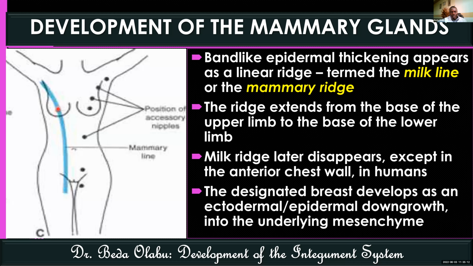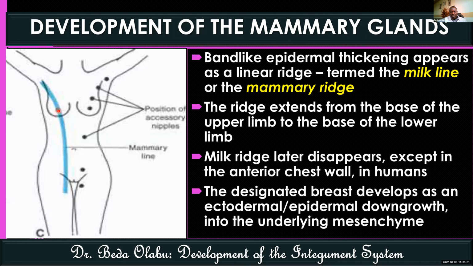We only need the breast to be at the anterior chest wall. Now, that region that is designated to form the breast in humans will perform something, because the milk line will be remnant on that particular region. That region is the one that's going to form the breast.